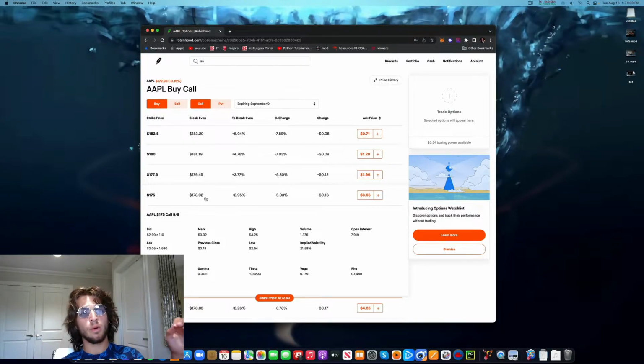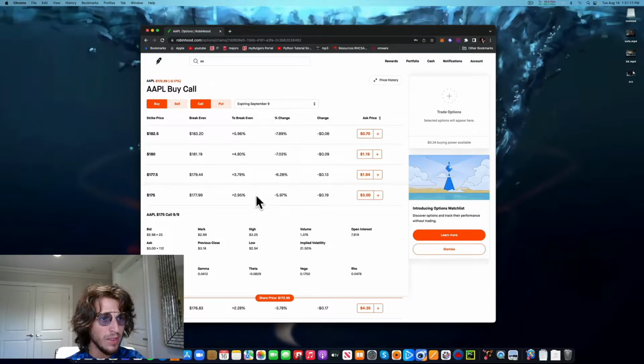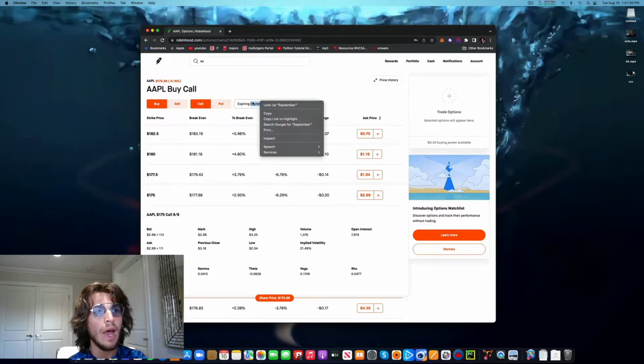I think this is the most crucial thing to understand about options, whether you're doing calls, puts, buying, or selling. Basically, what this number is, this 177.98, that is the price that you need Apple to be at in order for you to break even on September the 9th.